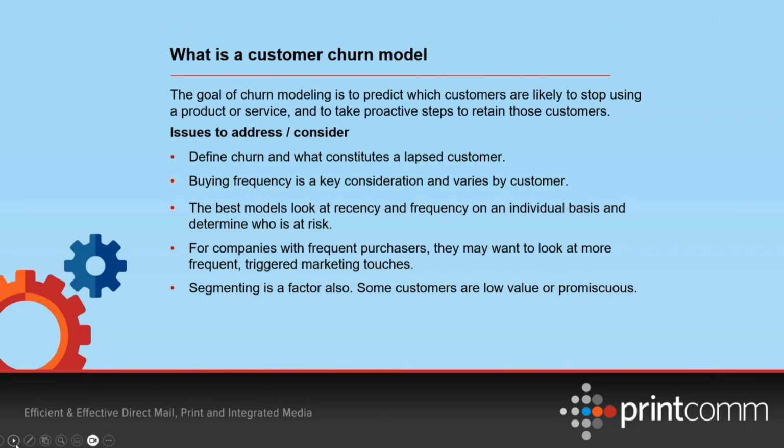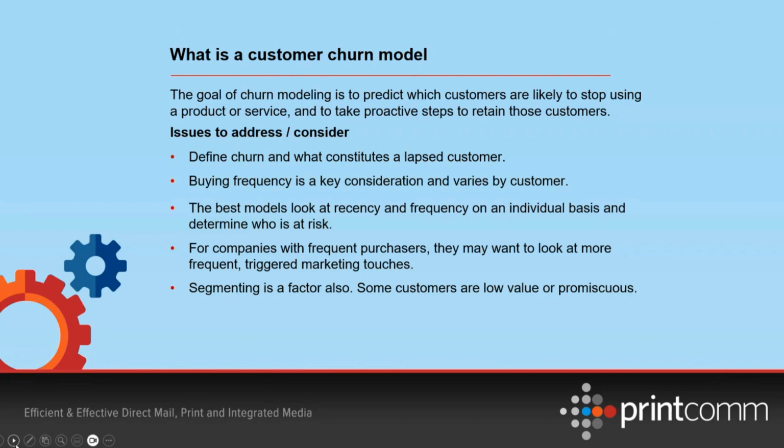Buying frequency is a key consideration and varies by customer. So the best models look at recency and frequency on an individual basis and determine who's at risk. There are actually algorithms that can be written that look at frequency of purchase by customer, and then when was the last time. Let's throw out an illustration here.